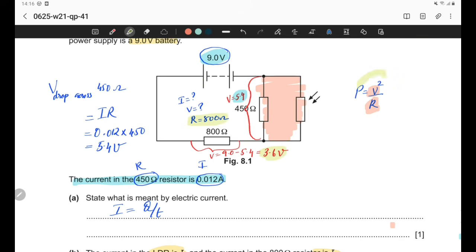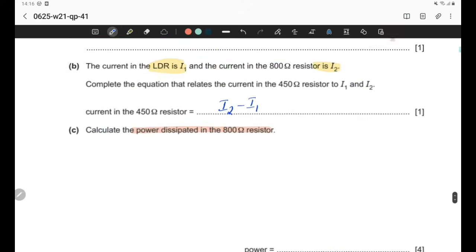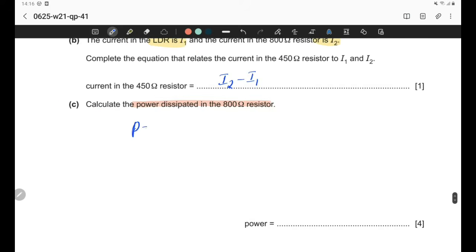We can use this equation to calculate power. Power is V squared over R, where the voltage is 3.6 squared over resistance 800, and the answer is 1.6 times 10 to the power minus 2 watt.